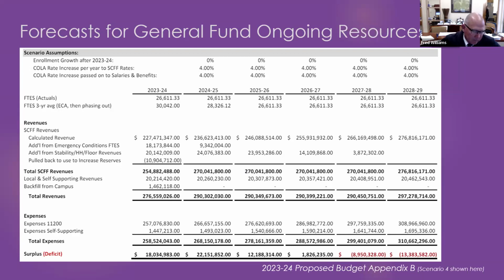I thought this was a request of one of our trustees, and I think it really demonstrates the impact of this hold harmless floor and the fact that we won't be receiving any additional revenue, even though we'll see COLA increases in the SCIF rates, and other districts may be talking about COLAs. We're not getting any at North Orange until we get our enrollments back up. This scenario was assuming that we would generate the same FTES.